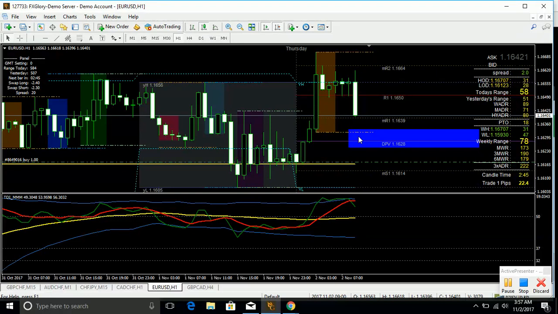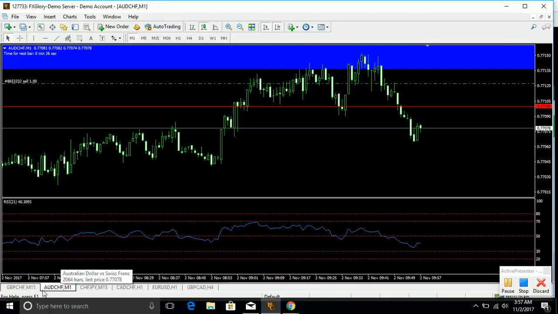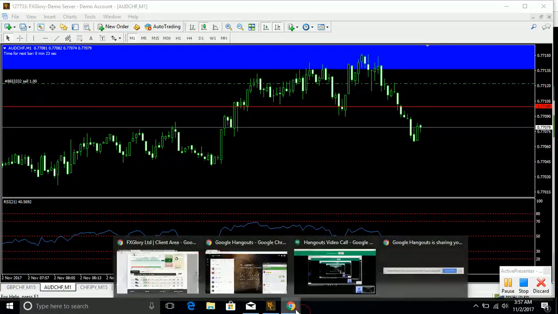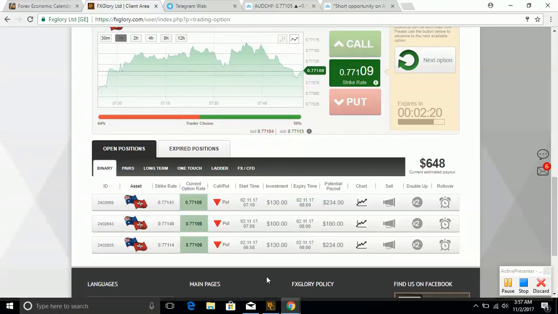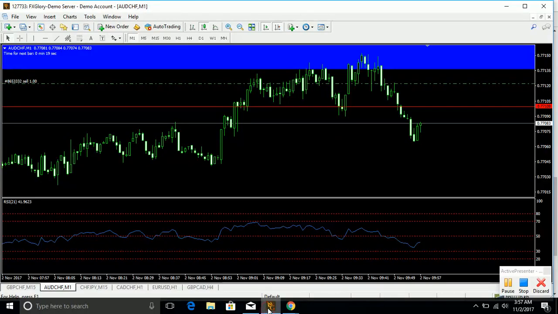So I say 1.163. If it passes this point, which it might not even pass this MR1, but if it does, central pivot is going to be where you want to execute. We got 2 minutes left for these to ride out.